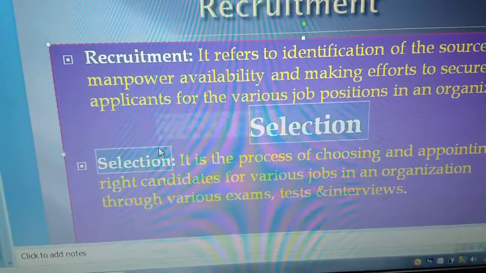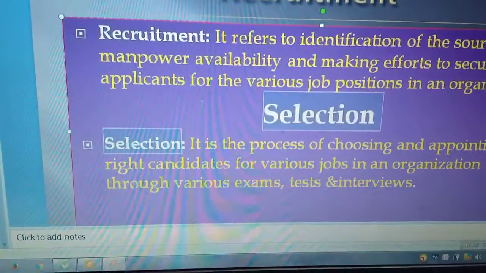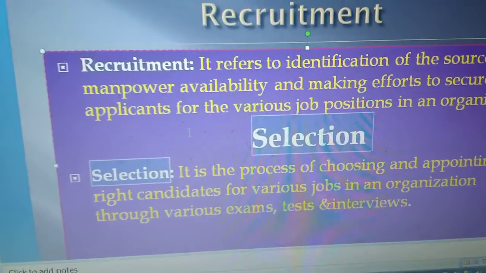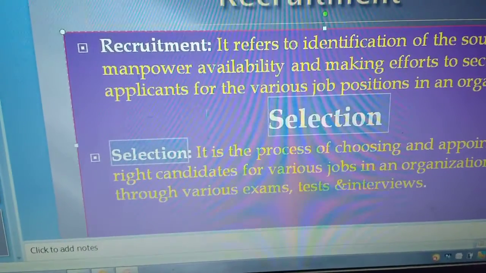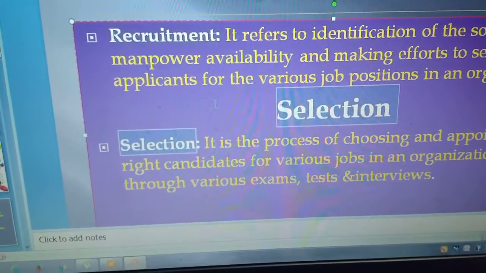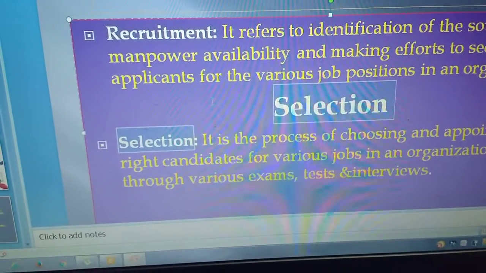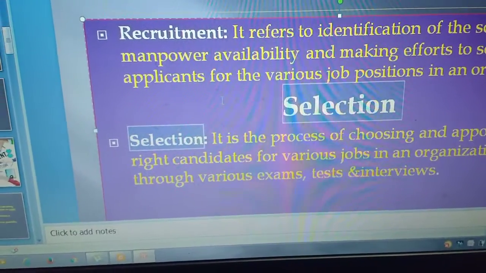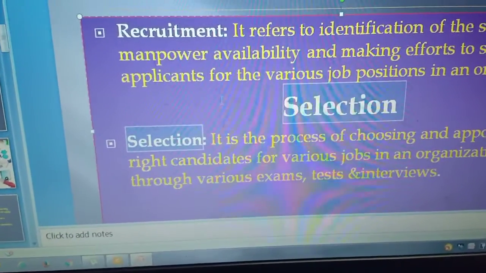Selection is basically a negative process because it selects only the most eligible employees and we eliminate the rest. Recruitment is positive because it brings a number of candidates, and selection is negative because we eliminate many candidates.